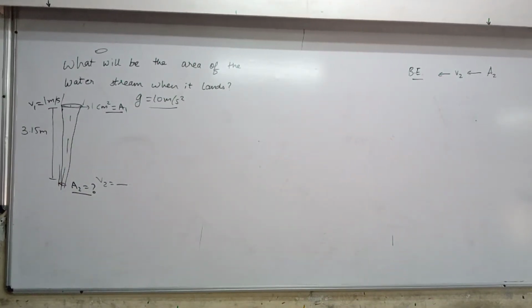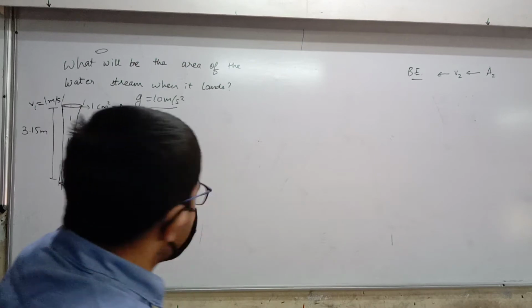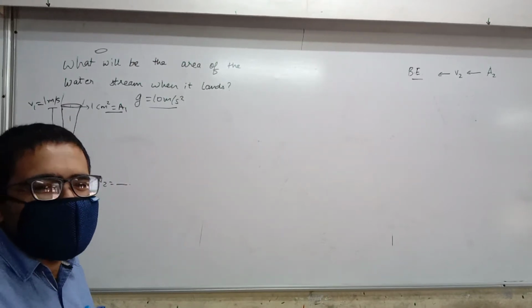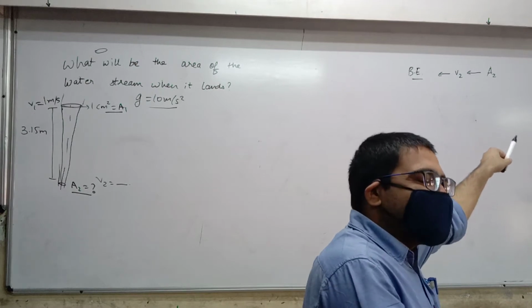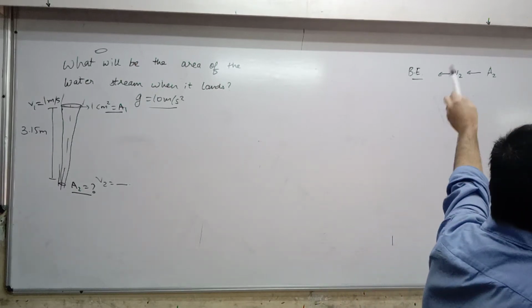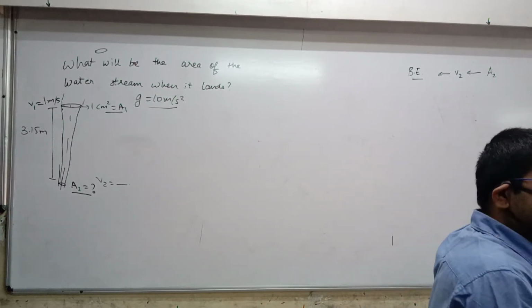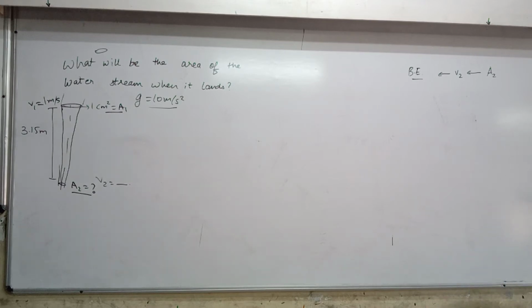In this question, why can't we use it? You can't because you don't know it yet. We are going to use it in the next step so that we can find it. First we'll find V2, and from V2 we'll find A2. Remember, this is the reverse order.